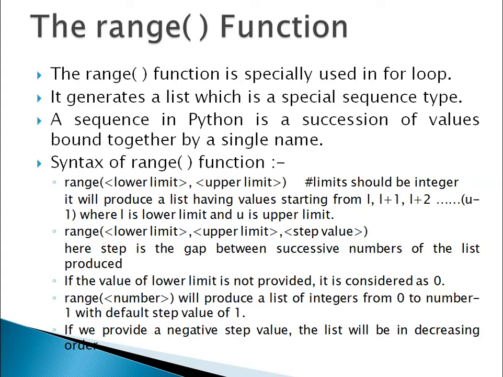Okay. And if you provide a negative step value, the list that will be generated, you will get in decreasing order. Okay. So the negative step value means you will be getting the list in decreasing order. Clear? So this was an overview of the range function. When we do the practical examples, this will be more clear to you.